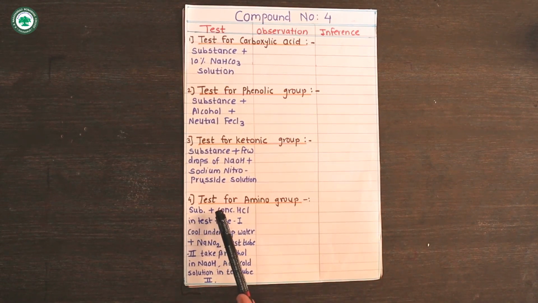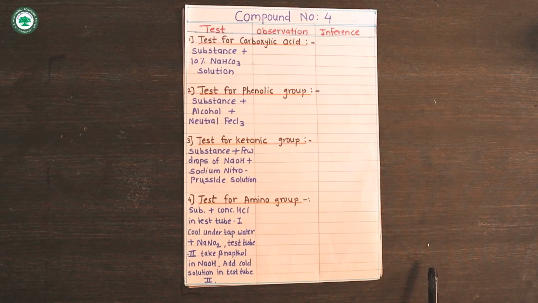Next test is for the amino group. Substance plus concentrated HCl in test tube first. That solution is cooled under tap water. Then add NaNO2 solution. Then in test tube second, take beta-naphthol in NaOH.